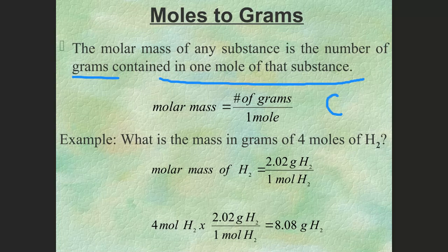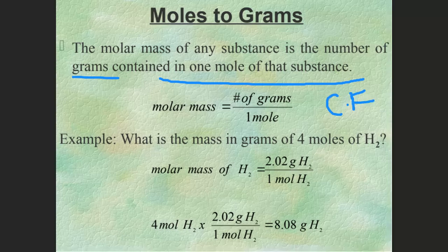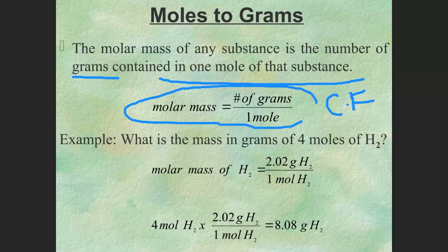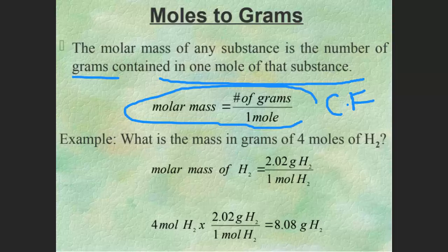This is similar to what we learned for measurement. Whatever unit we need to convert, we have to write on top, correct? So here mole to gram, we know we have to use the molar mass. So we have to use this conversion factor. Molar mass is the number of grams contained in 1 mole of substance.